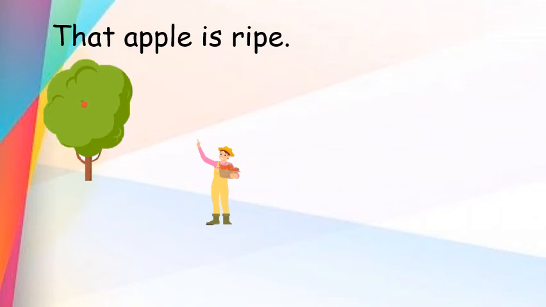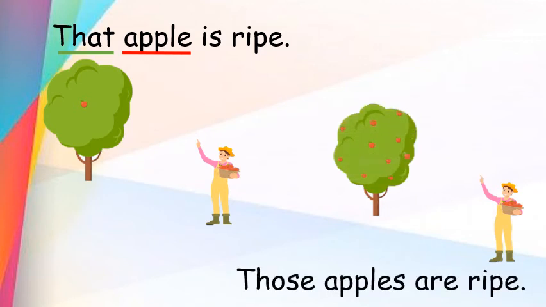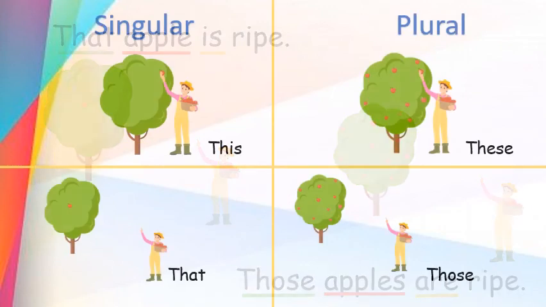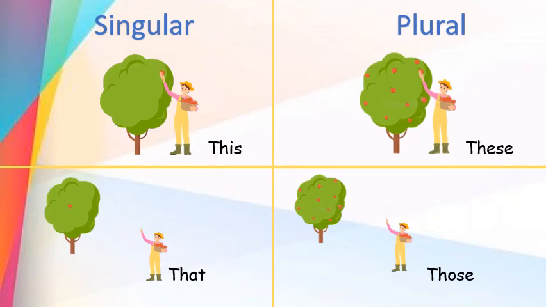Here we see the pronoun that and noun apple. When we change it to plural, those apples are ripe. That changes to those, apple changes to apples, and is changes to are. We use this or these for things that are near, and that or those for things that are far.